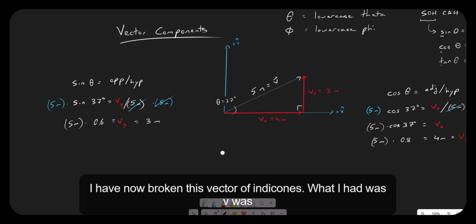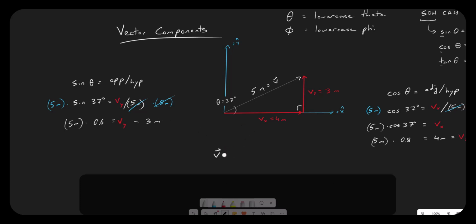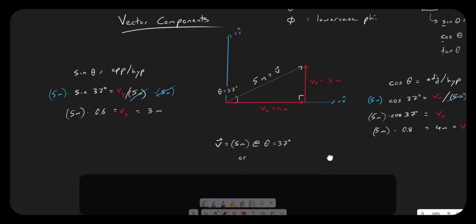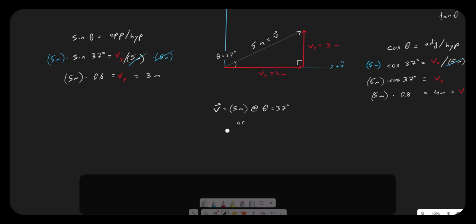I have now broken this vector up into components. What I had was V was 5 meters at an angle of 37 degrees. Or now, four meters in the x direction and 3 meters in the y direction.